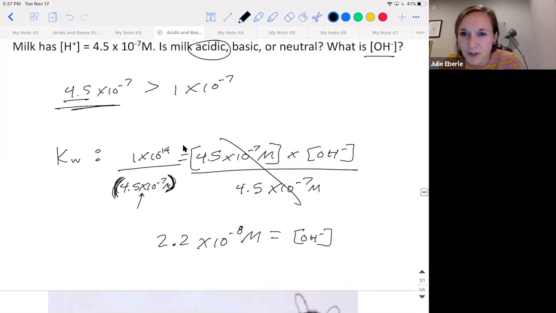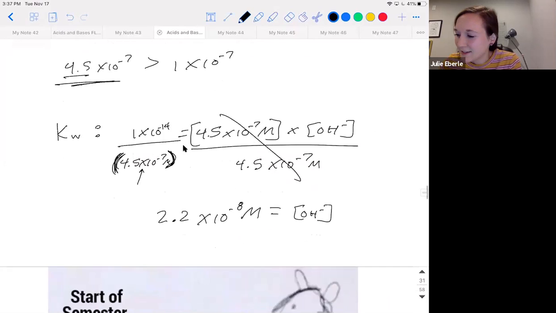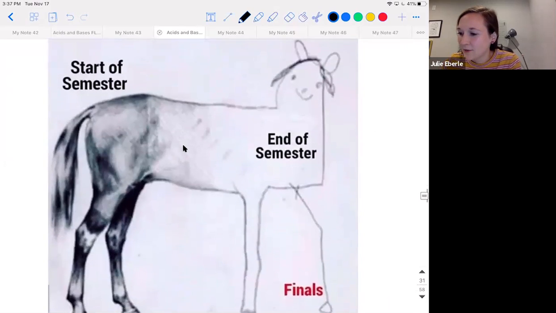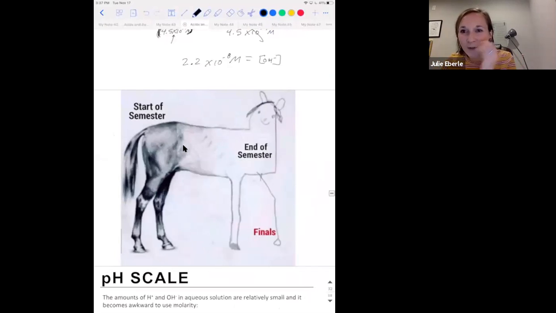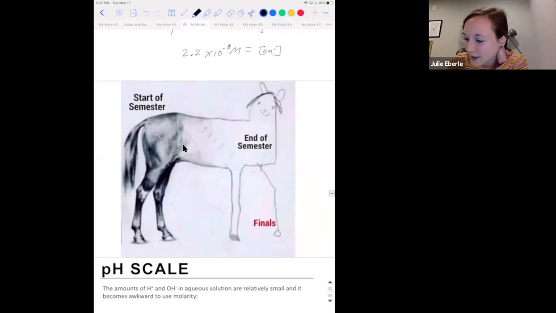Little brain break for just a second. We're getting close to the end of the semester. This is my favorite meme to show. If you don't think it's funny, just laugh for me, because I think it's really funny. How many of you guys feel like this? Hopefully you've seen this before. It's kind of an old meme. This is how I always feel as we approach the end of the semester. I started out really good.